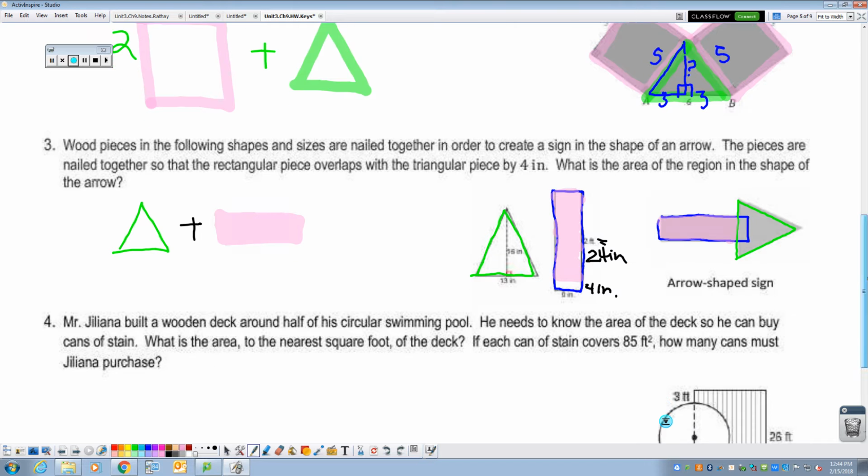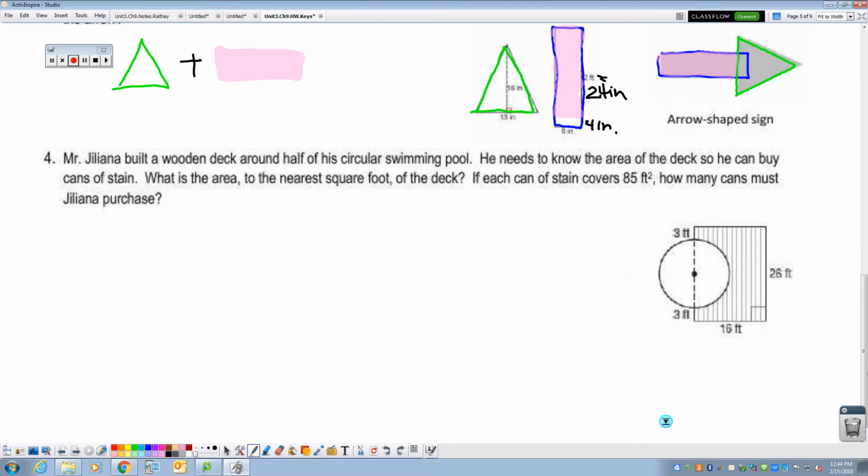And the last one. We are building a wooden deck around a circular swimming pool. He needs to know the area of the deck so he can find cans of stain. What is the area to the nearest square foot of the deck? That's our first question, and that's going to help us answer the next question.